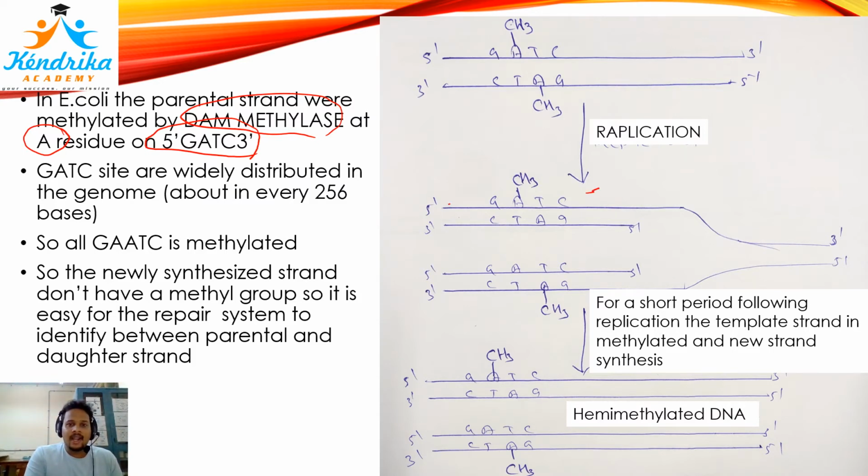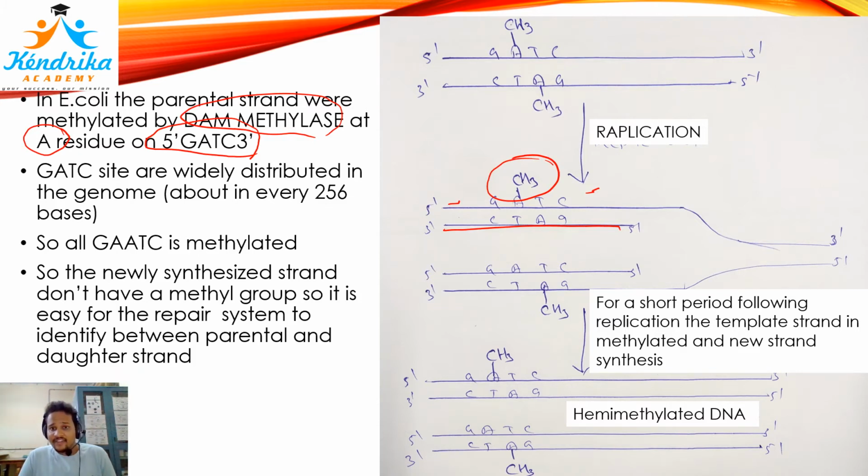Now, during replication, what happens? This is your parental strand, with the GATC sequence. But the newly synthesized strand is still being replicated, as the process of replication is not over. In this case, DAM methylase won't methylate the adenosine. Only after replication is over will it add a methyl group to the adenosine at the 5' GATC sequence.